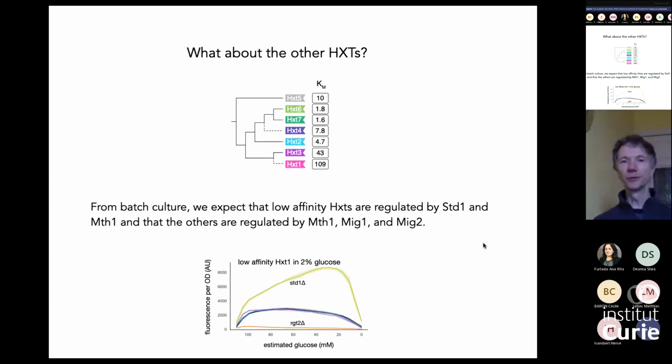But what we'd like to do is to understand how all of them are behaving. We already have some prior information from the batch culture experiments that I explained before, where we expect that the low affinity hxts are regulated just by STD1, and also, which I didn't show, MTH1. And the other transporters are regulated by this combination of repressors.